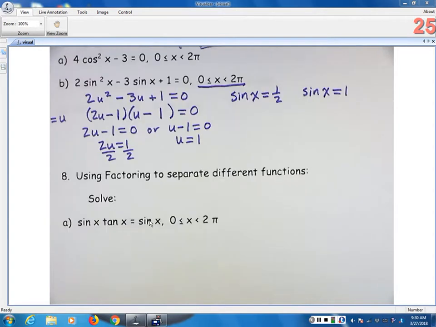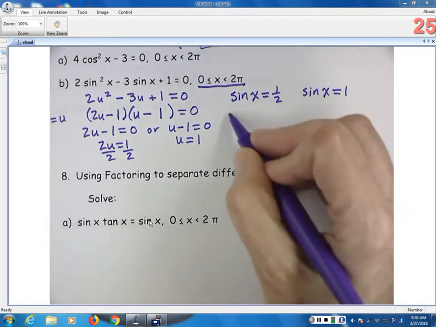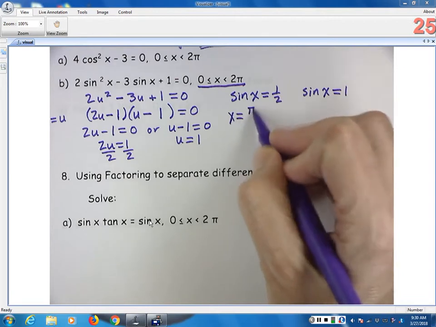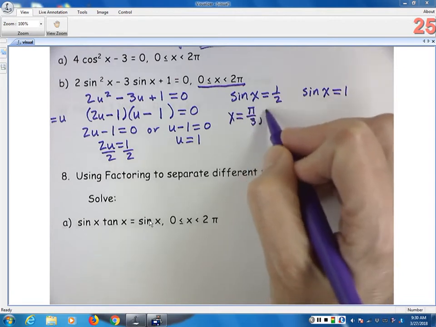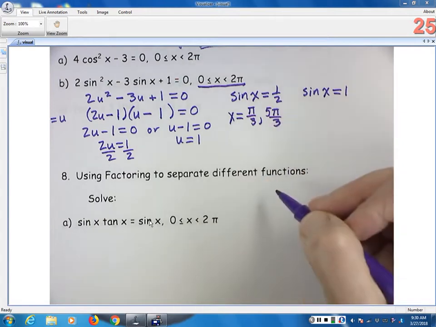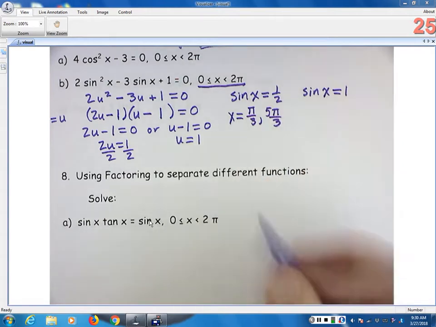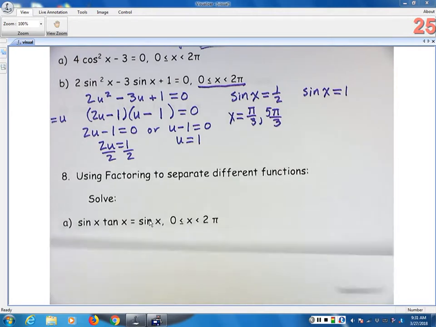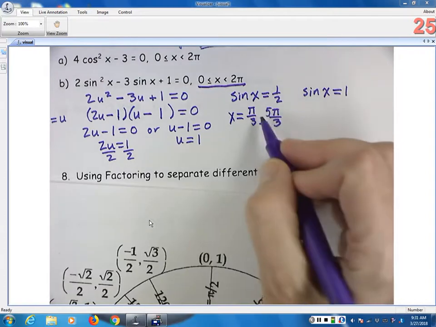So for this first one, x is going to be pi over 3 and 5 pi over 3. Wouldn't it be pi over 6? Oh, right. Yeah, I messed up. It is pi over 6. I remember sine is y. I was totally wrong.